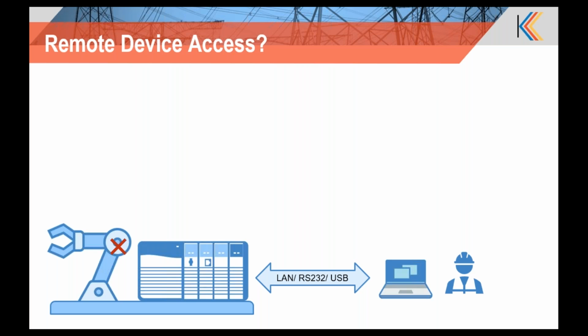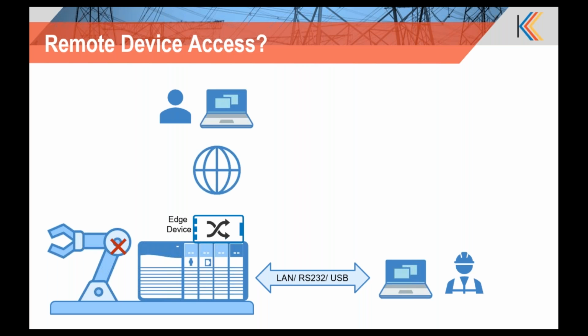What remote device access provides is connectivity to these devices from a remote location, so that this expert can connect to these devices from his office or from any remote location wherever he prefers.